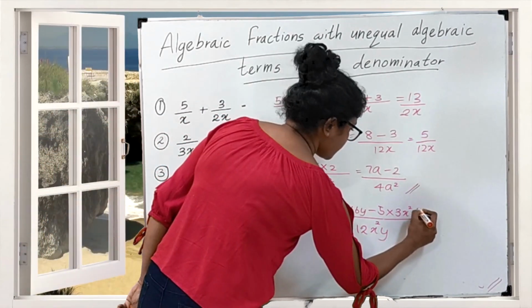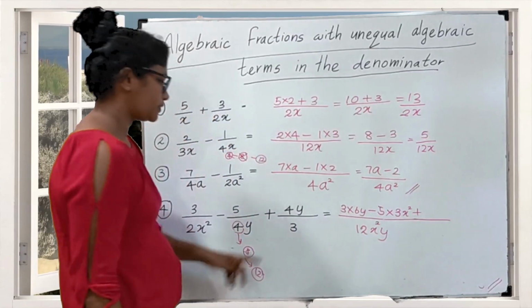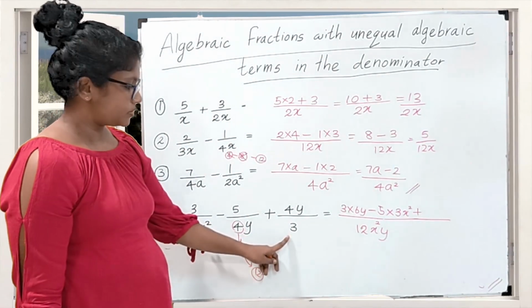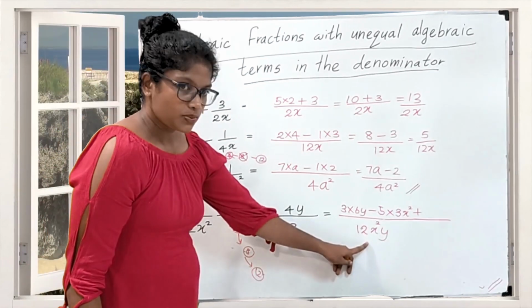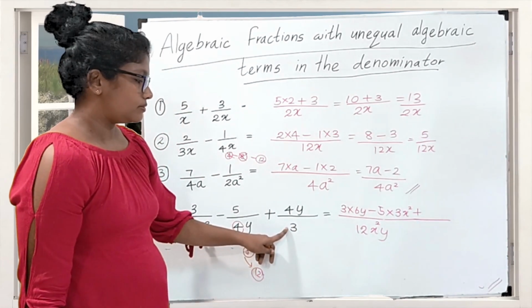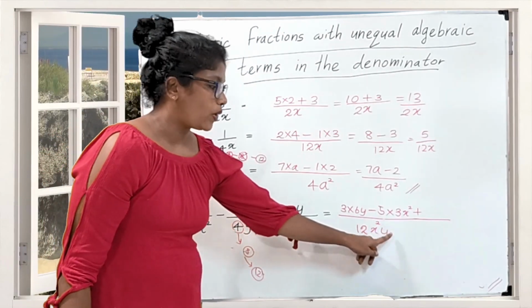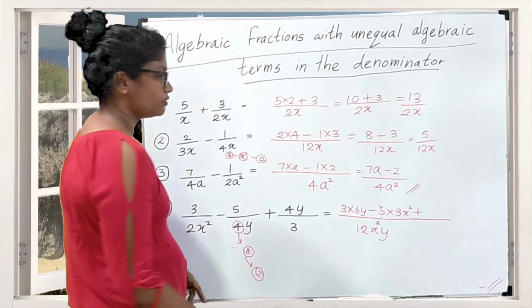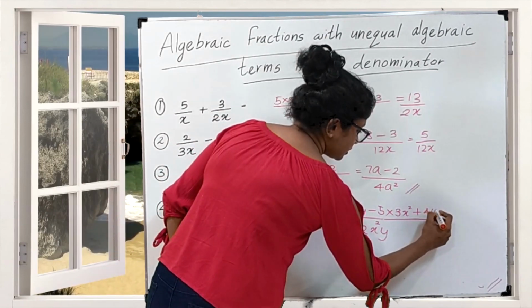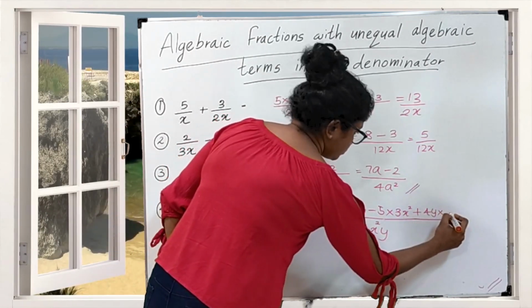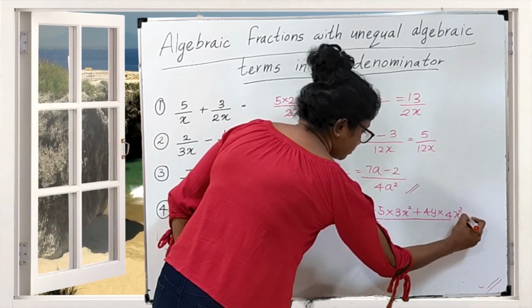Then 3 here, only 3. So to get this, we have to multiply this 3 by 4x squared y. So this 4y is also multiplied by 4x squared y.